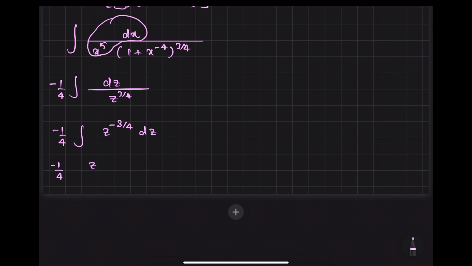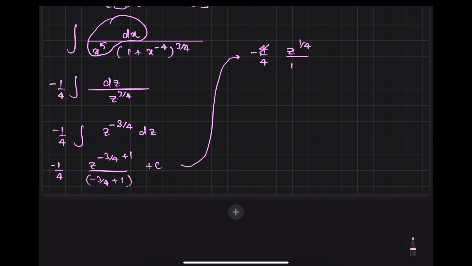So it is z power minus 3 by 4 plus 1, over minus 3 by 4 plus 1, plus integration constant c. Minus 1 by 4 z to the power what? 1 by 4 upon again 1 by 4. So this thing is gone, plus integration constant c.